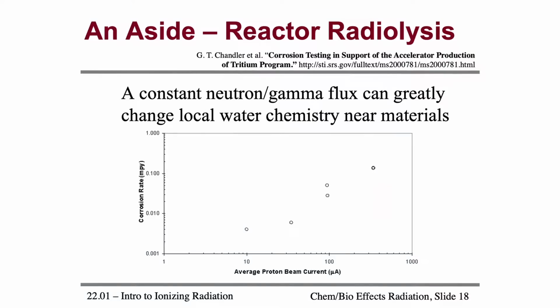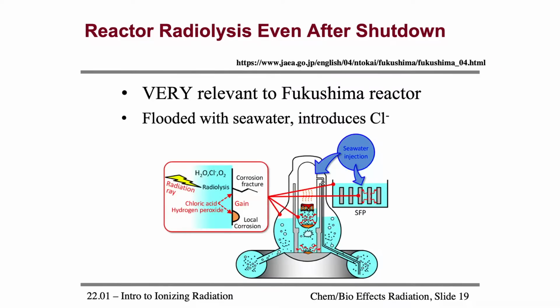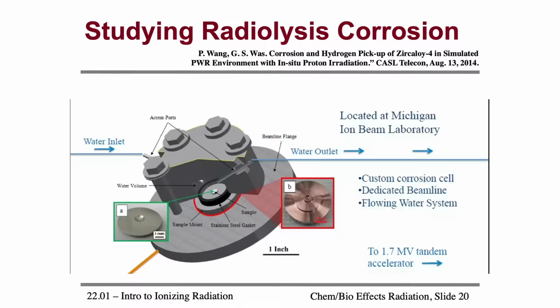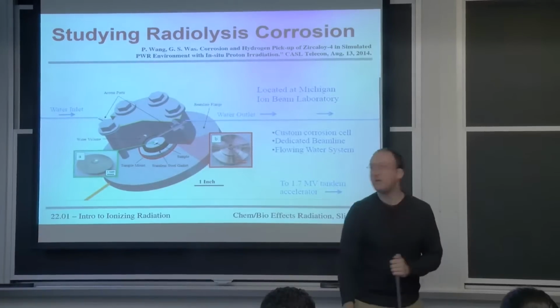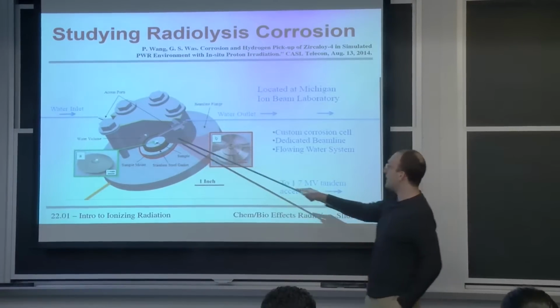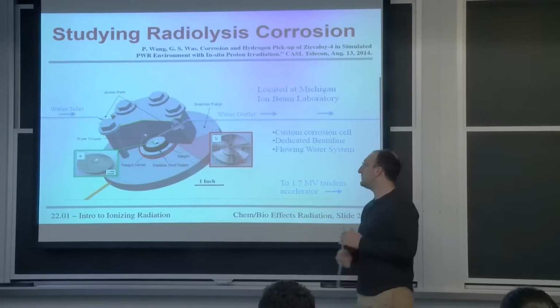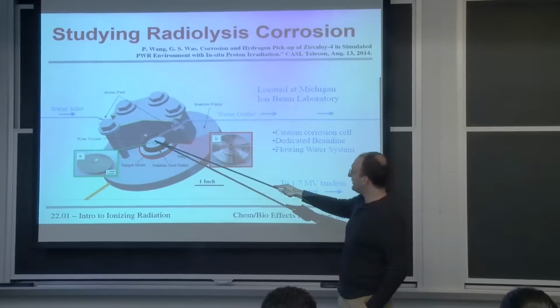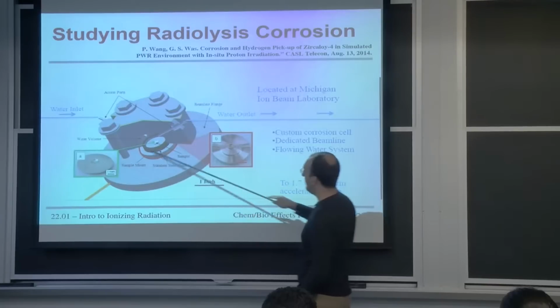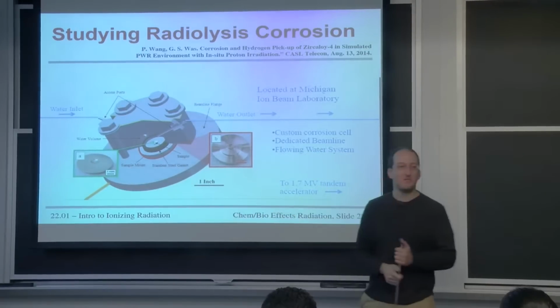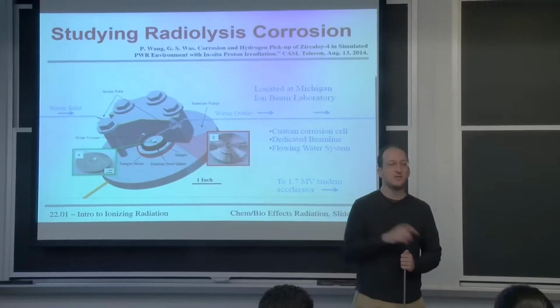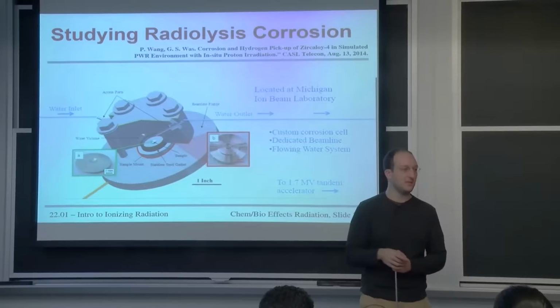We talked a little bit about radiolysis in reactors and how you can actually measure it directly, which was only done a few years ago, which is pretty cool. Just to remind you of this experiment, there's a tiny cell of high-pressure, high-temperature water. There's a foil sample with a very thin region and protons firing through it so that they both irradiate the sample and induce radiolysis in the water at the same time.